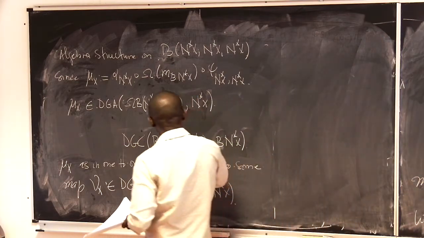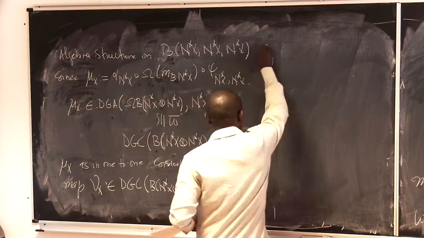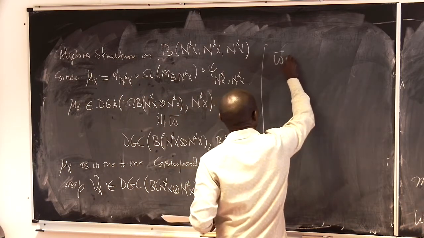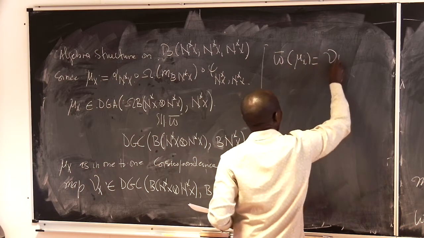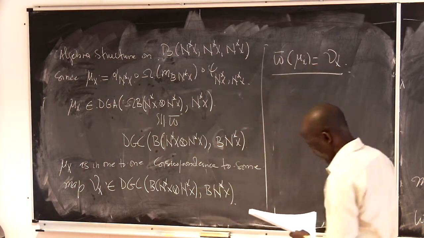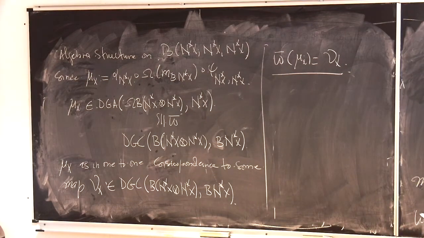Let us denote this bijection by this. What I'm claiming here is that it is equal to mu x.